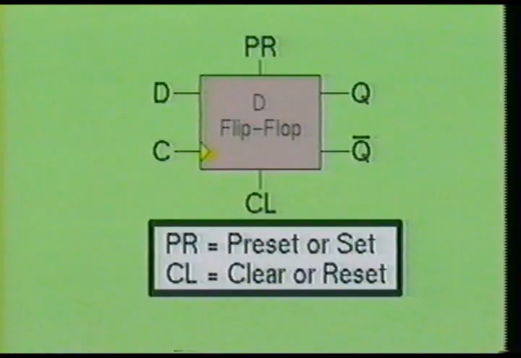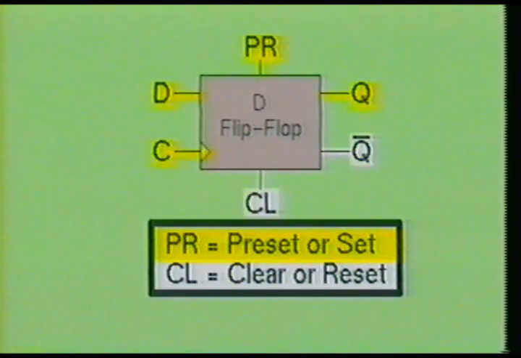As we mentioned earlier, some D flip-flops also have set and reset inputs. However, on most flip-flops, the two inputs are labeled preset for set and clear for reset. When the preset and clear inputs are at logic 0, they have no influence on the operation of the flip-flop. However, when the preset is made a logic 1 and the clear input is at logic 0, the flip-flop will set to its 1 or high state regardless of the control inputs and the clock.